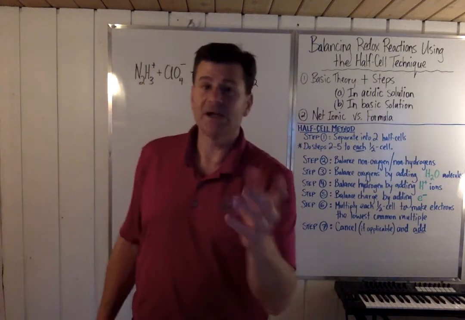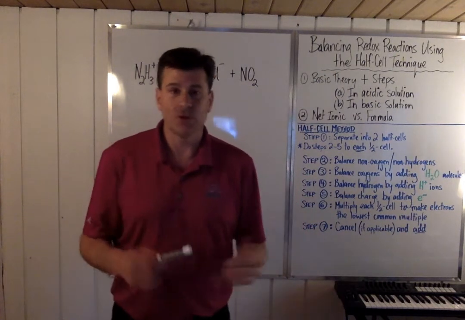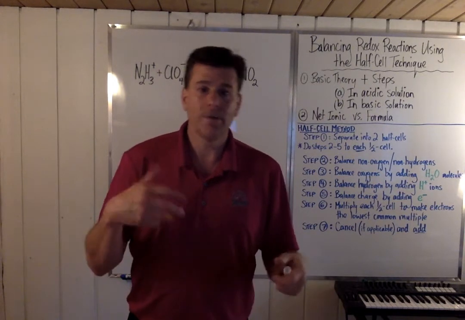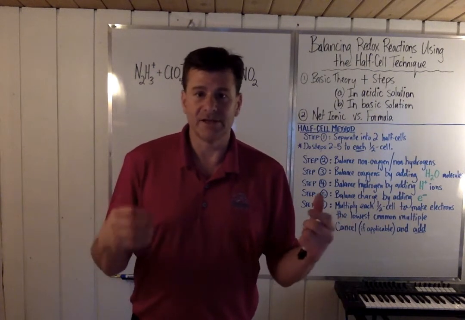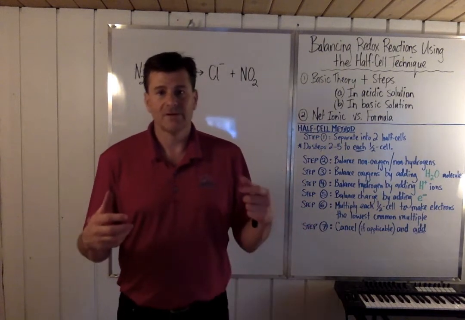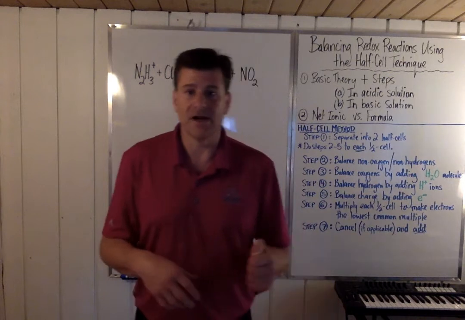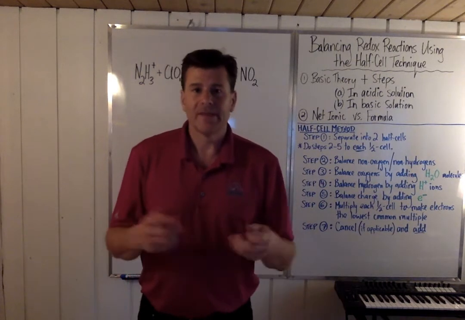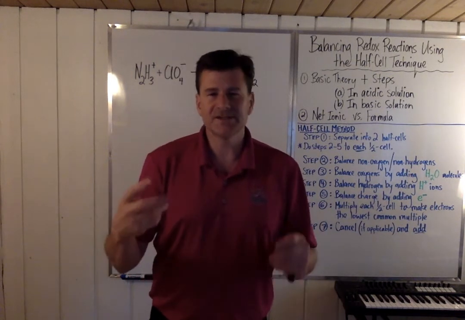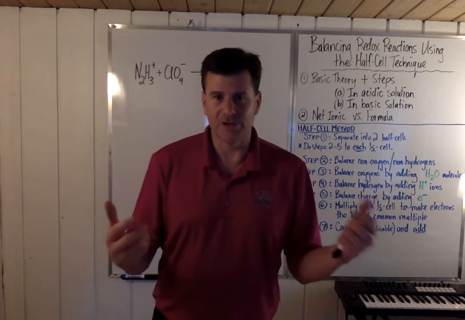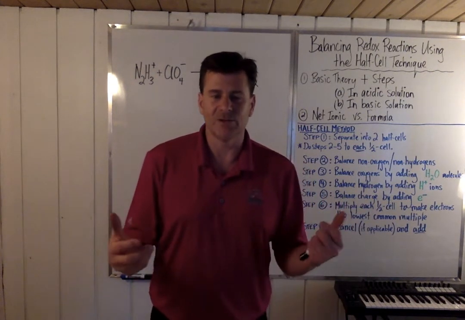Oh, that reminds me, I completely forgot about this. So the half cell method, although it can be done in non-solutions, like for a homogeneous gaseous reaction, the concept of this is you're going to be using water molecules and H pluses or OH minuses to balance the equation.